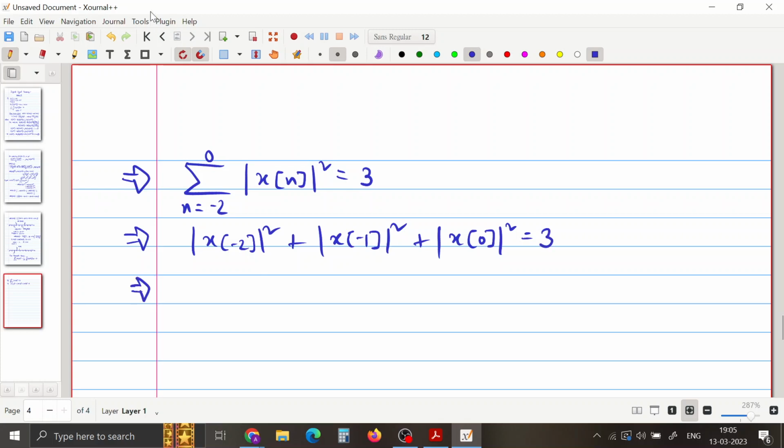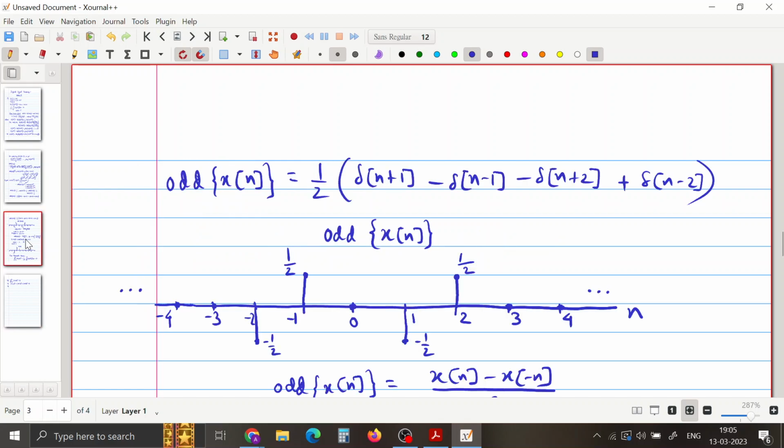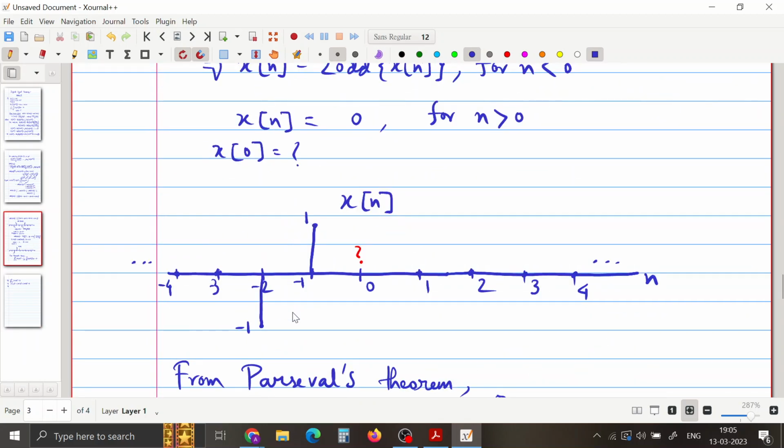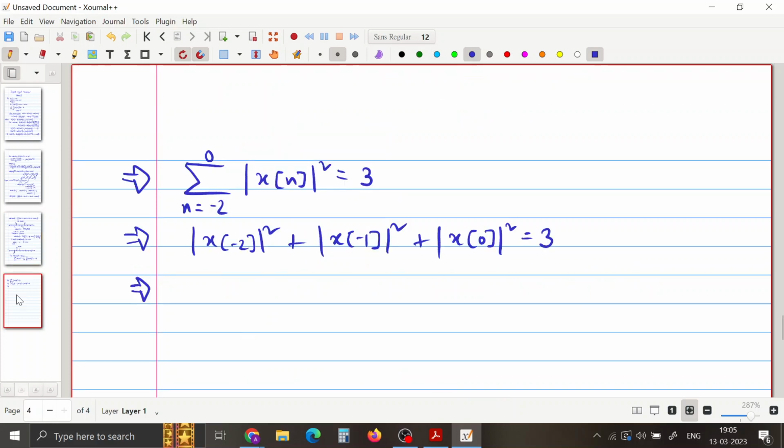And going back to the graph of x of n, at minus 2 and minus 1, we have the values minus 1 and 1 respectively. Squaring gives the same, which is 1. So this is basically this plus this, and we still don't know about x of 0.